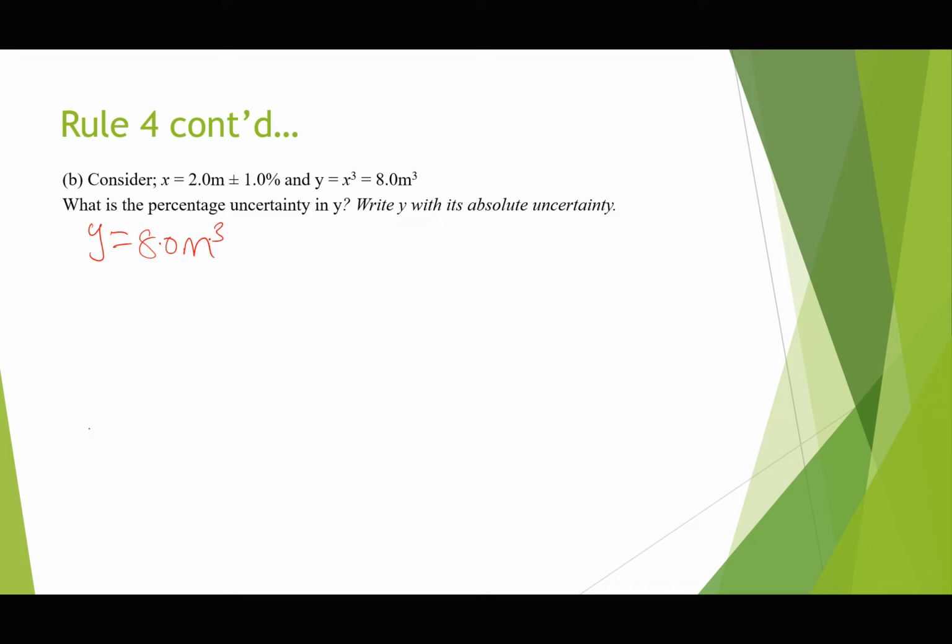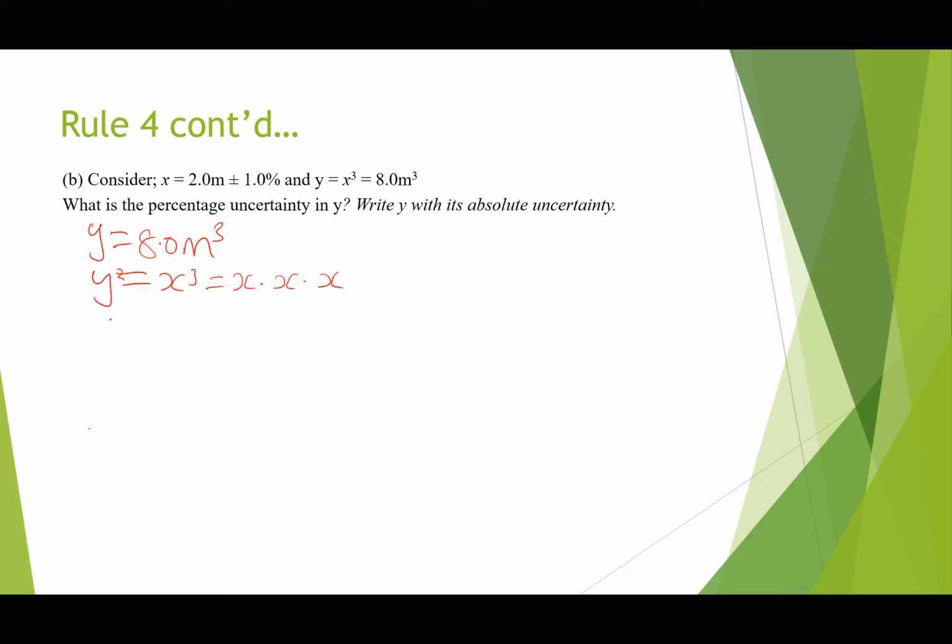All we shall be interested in is the percentage uncertainty in y. Does it also remain 1% as we saw for multiplication with a constant? Not at all. Note that y equaling x cubed is the same as x times x times x. This is multiplication.